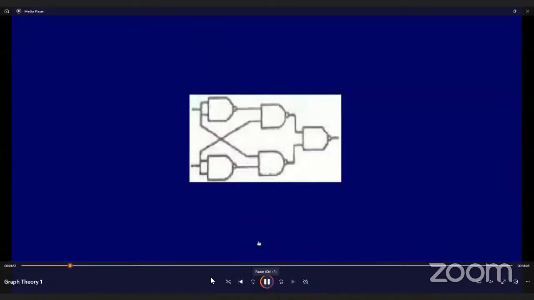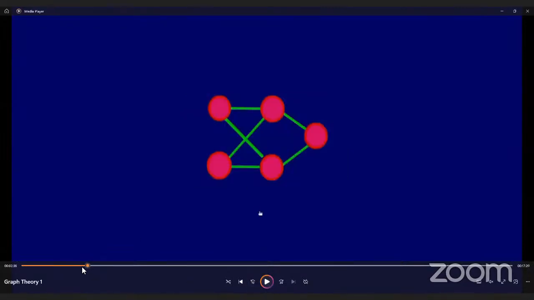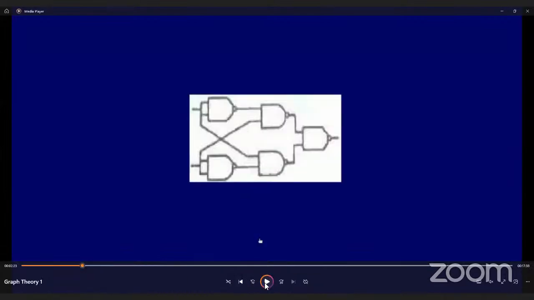You model the design so that all the modules and gates become vertices, and the connections between them, the wires, are modeled into edges.